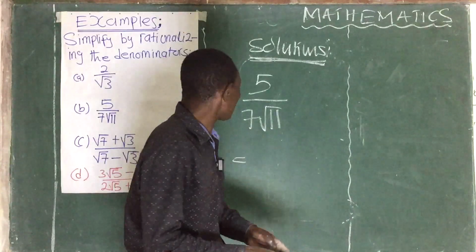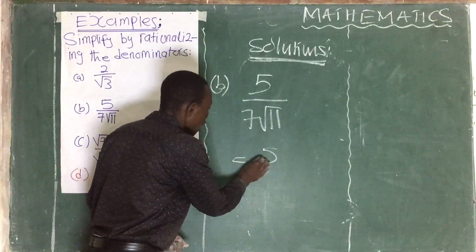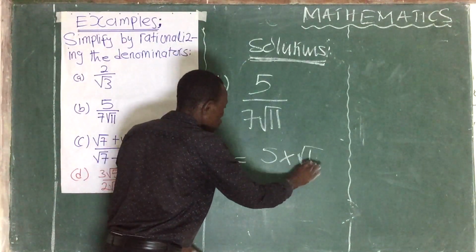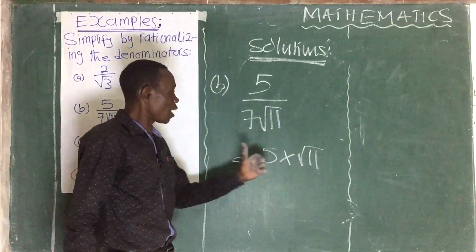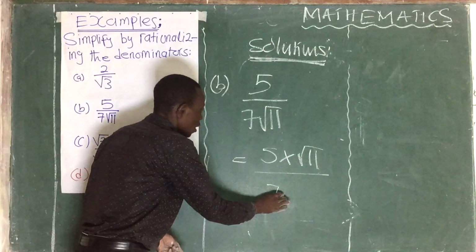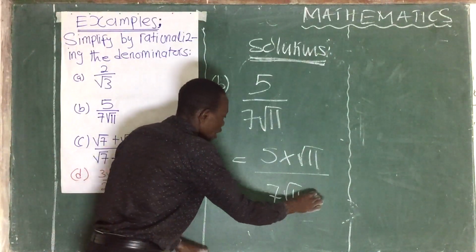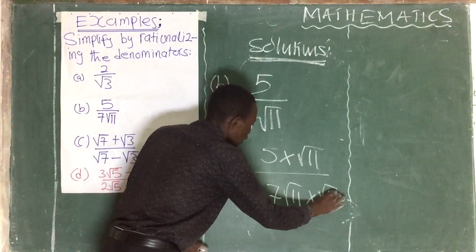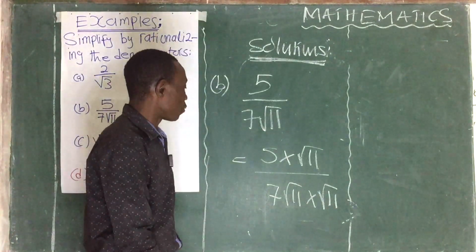So I would have 5 multiplied by root of 11 on the numerator, and down here I'll have my 7 root 11 multiplied by root 11. That's the way to go.